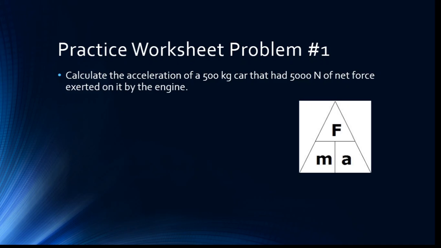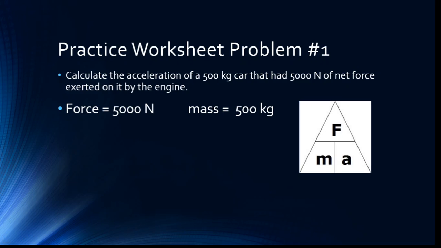The first one is to calculate the acceleration of a 500 kilogram car that has 5,000 newtons of net force exerted on it by the engine. We want to calculate acceleration this time. Looking at the triangle, acceleration is force over mass.